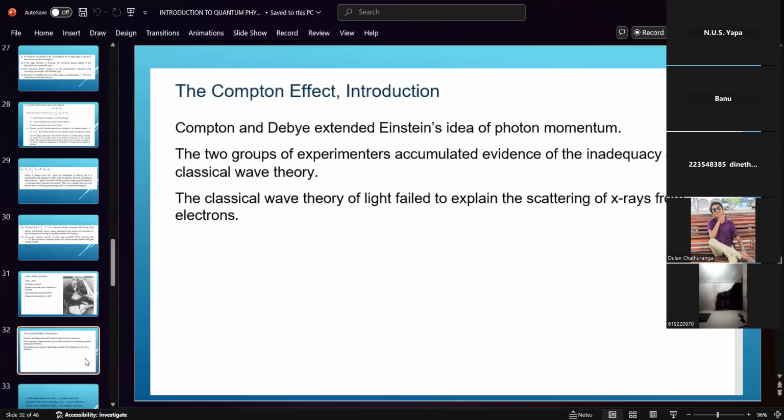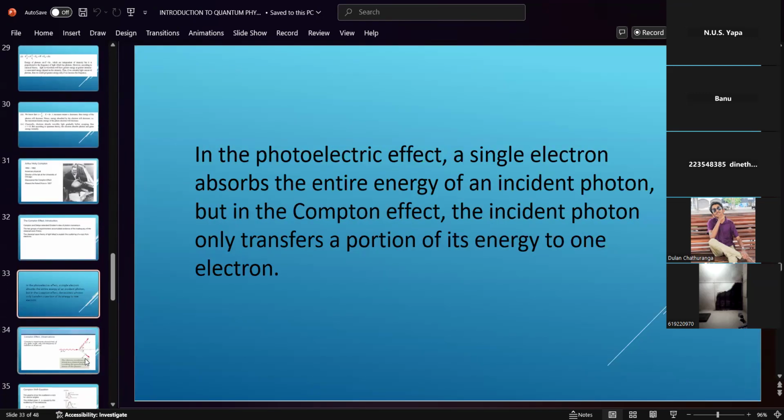In the photoelectric effect, a single electron absorbs the entire energy of the incident photon. These are the differences between the quantum effect and the photoelectric effect. In the quantum effect, the incident photon only transfers a portion of its energy to one electron, right?